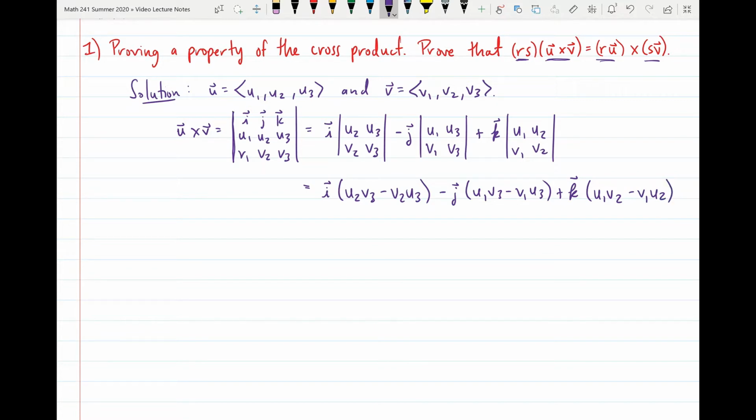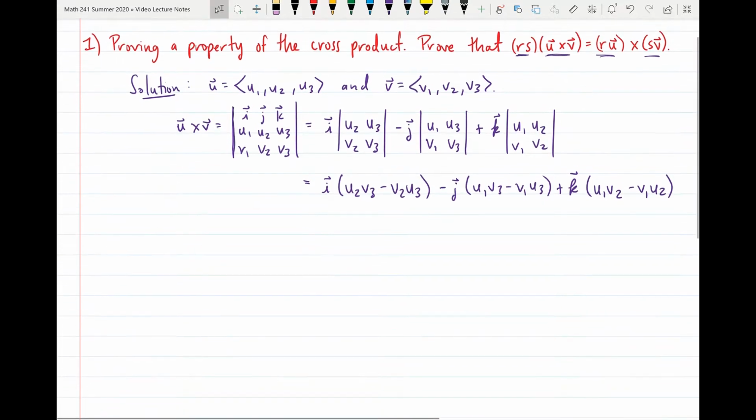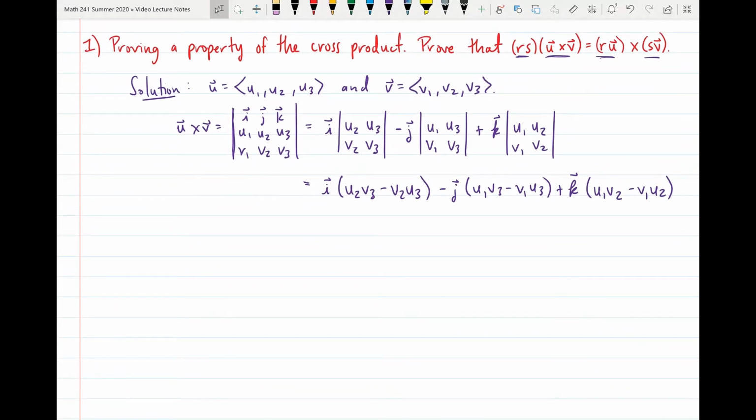So this is the expression giving us the cross product of u and v, and the left side of our equation is r times s multiplied by the cross product of u and v. So r times s times u cross v will be equal to r times s times the vector from above.